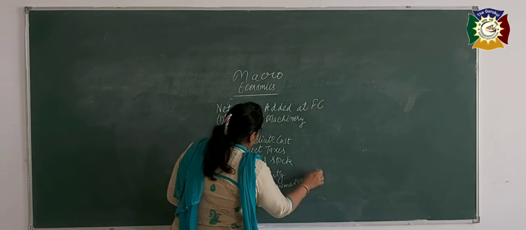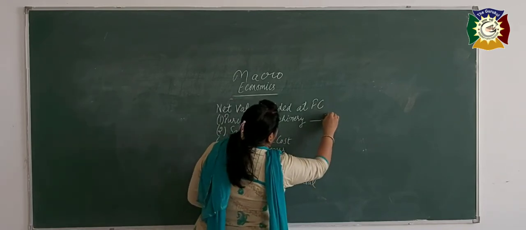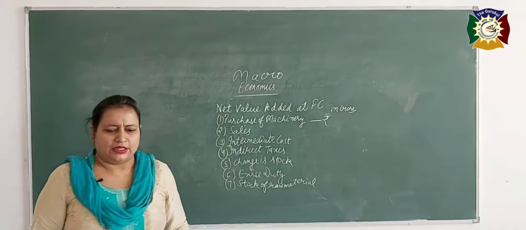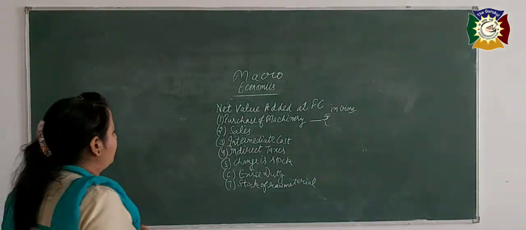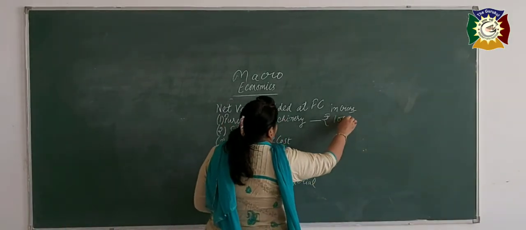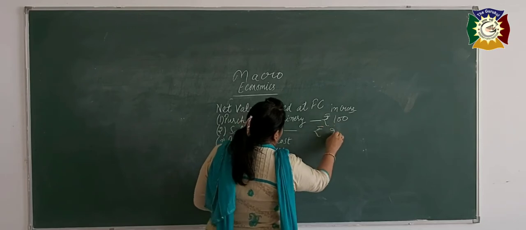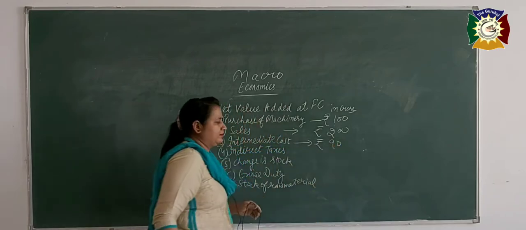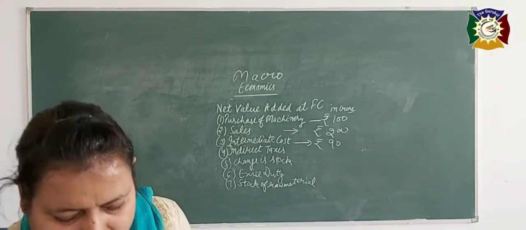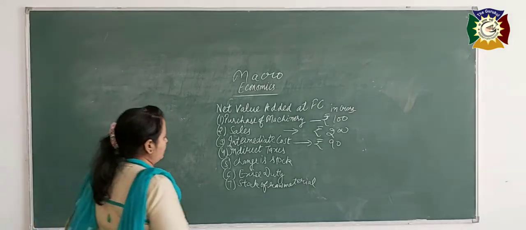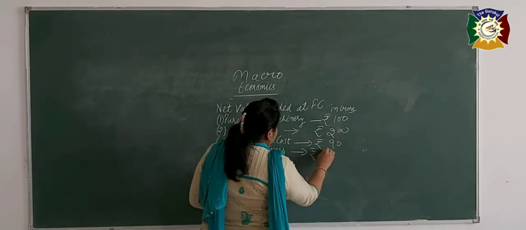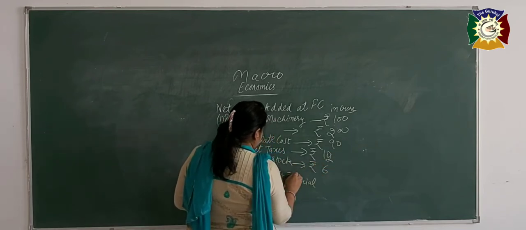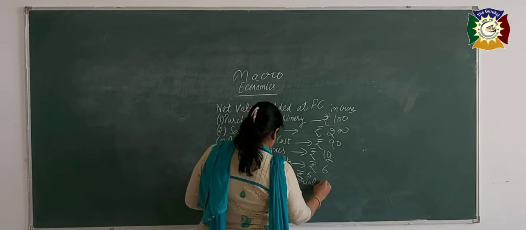Amount you will write, that is in rupees, in crores, in lakhs, whichever is written in the statement. You will take the same. First is 100, 200, then 90, then 12, 10, 6 and 5.